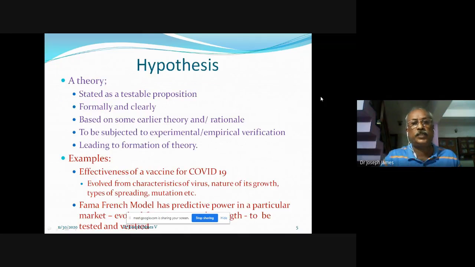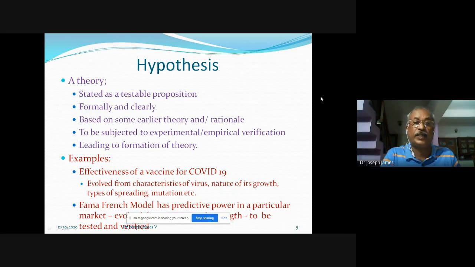Then coming to hypothesis. It is actually a theory. A hypothesis is a theory stated as a testable proposition. It should be formed scientifically, formally, and clearly, based on some earlier theory or rationale, or we have to conceptually evolve a scientific theory logically, formally, and clearly.